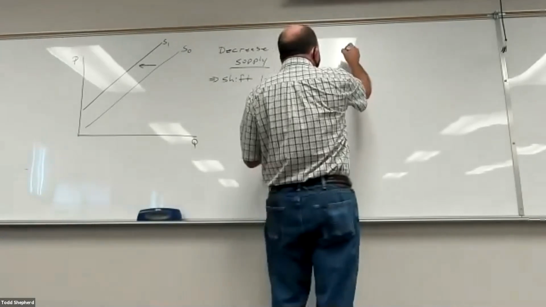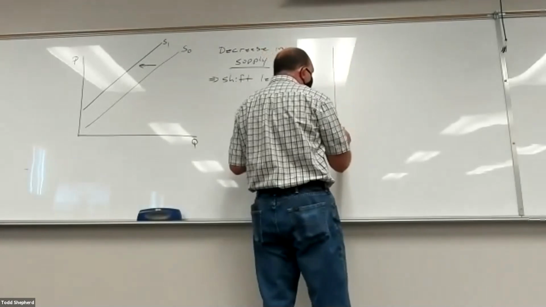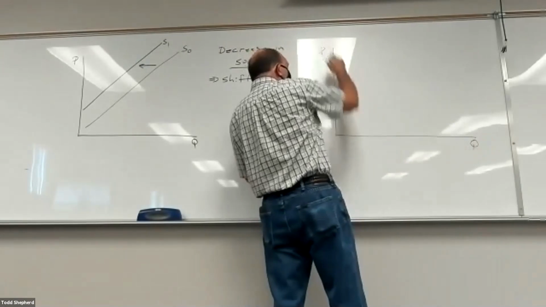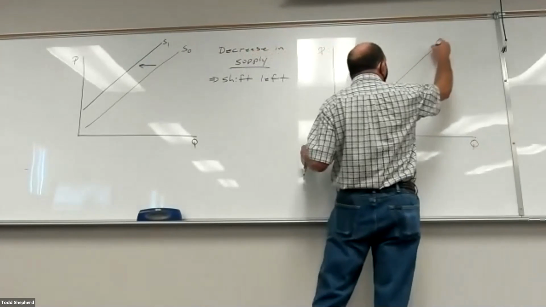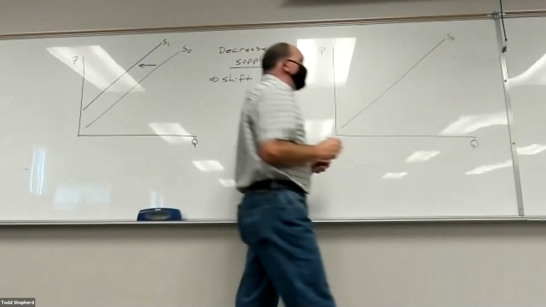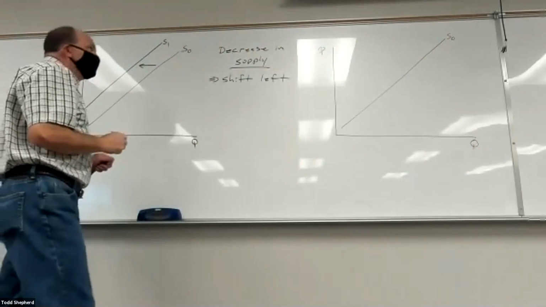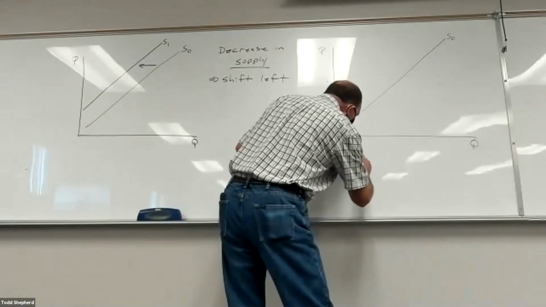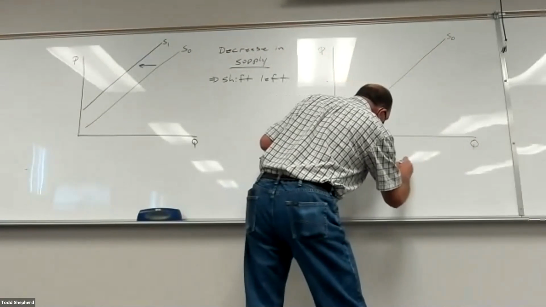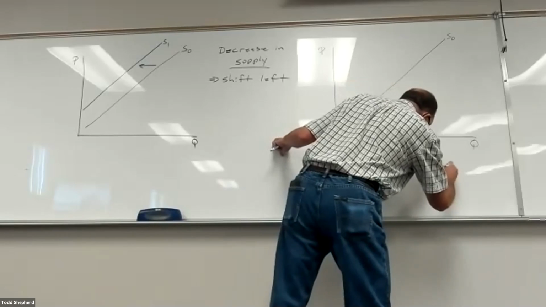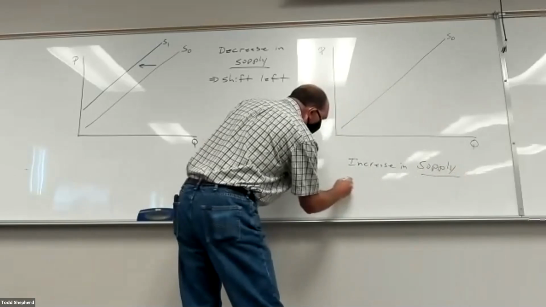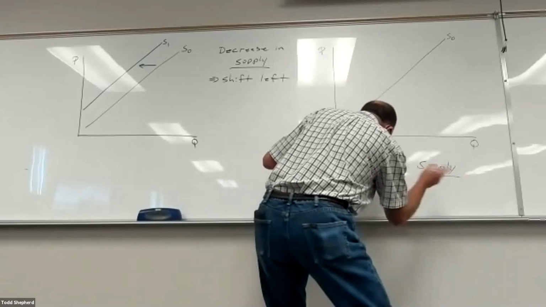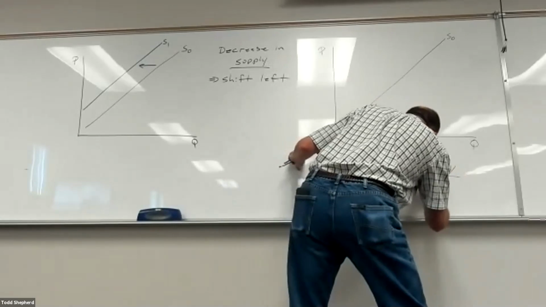Okay, and then the same thing goes if you're dealing with an increase in supply. So you have your price and your quantity. And again, draw yourself a supply curve with an S naught to start. So if I tell you that there has been an increase in supply, then what this shows is the entire supply curve is going to shift to the right.